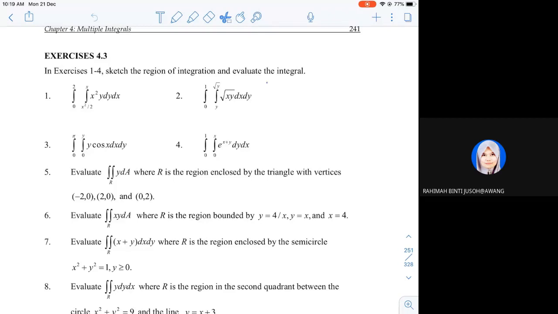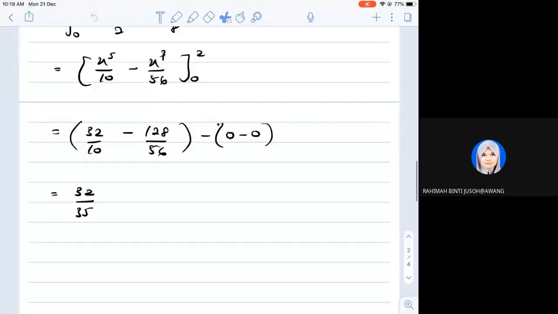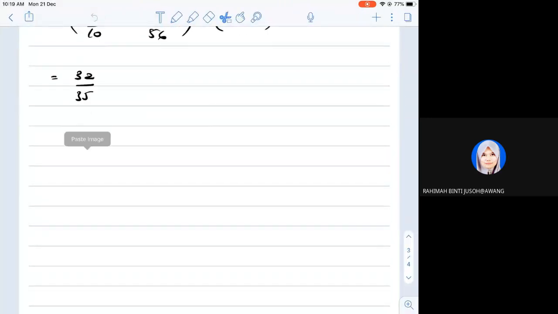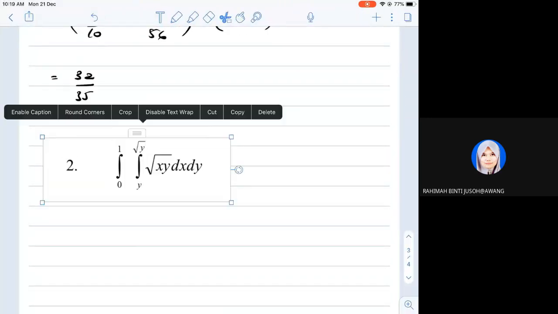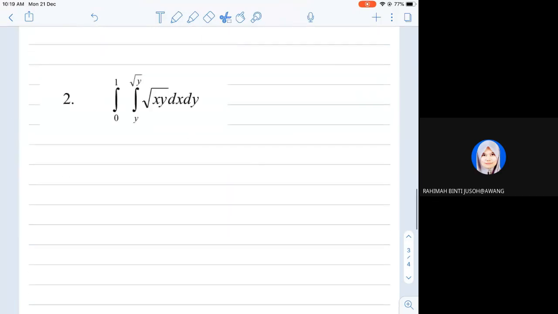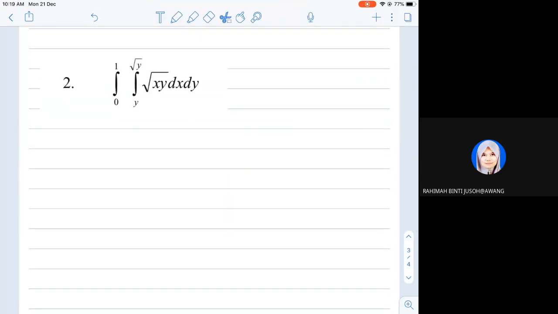Question number 2. Now we have dx first, so the limit of x is from y.